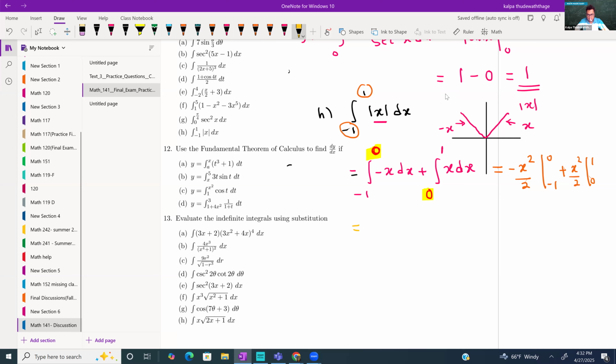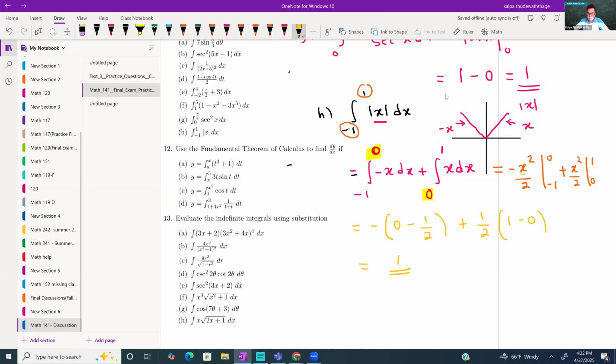If I plug in, this minus is already there. If you plug in 0, it's 0. If you plug in minus 1, it's half, since minus 1 to the power 2 is 1. Plus, half I can take out, so it's 1 to the power 2 minus 0 to the power 2. So it gives you half plus half, which is 1.